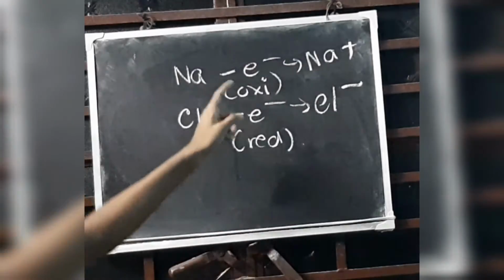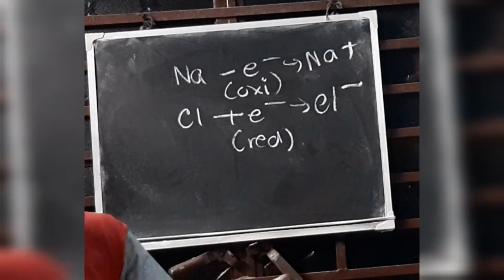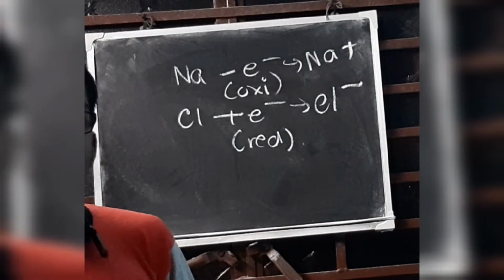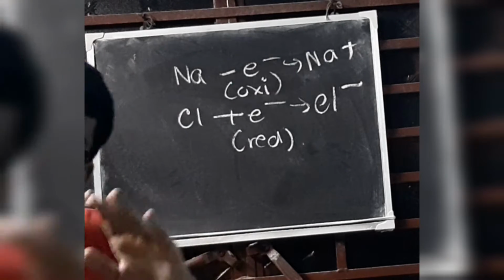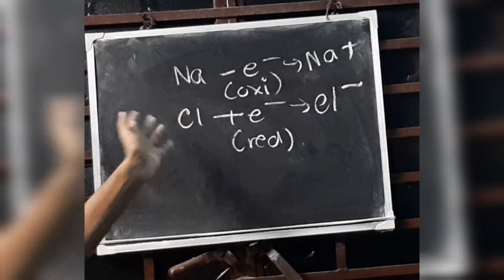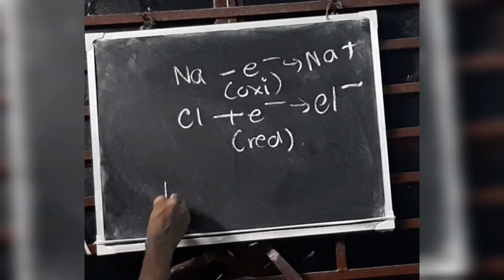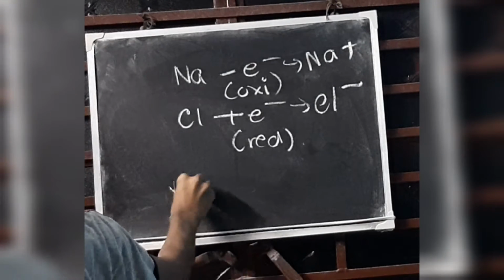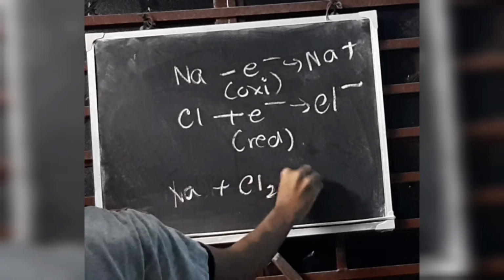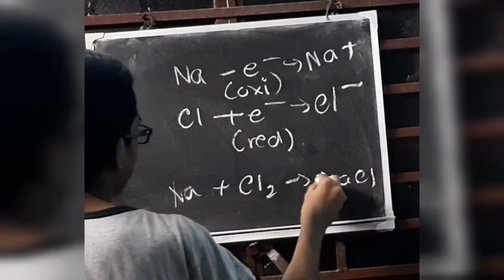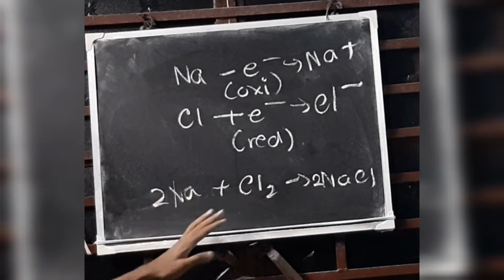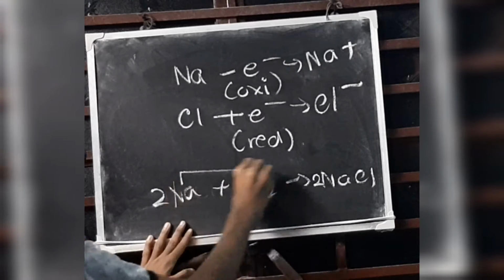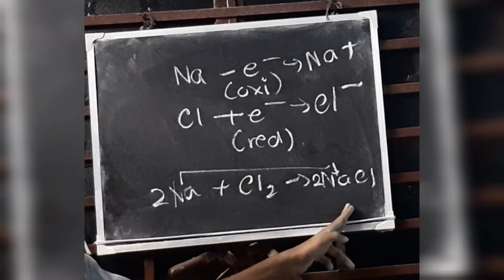So metals undergo oxidation. So what will it do to the neighbor? Sorry, reduce. It is undergoing oxidation, so it will reduce the other species. Let us take NaCl: Na plus Cl2 forms NaCl, so we write 2Na plus Cl2 gives 2NaCl, balancing it. Has Na oxidized or decreased?